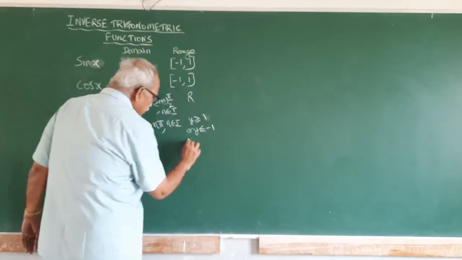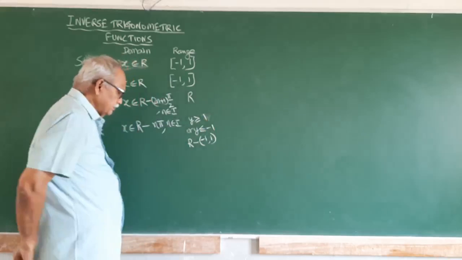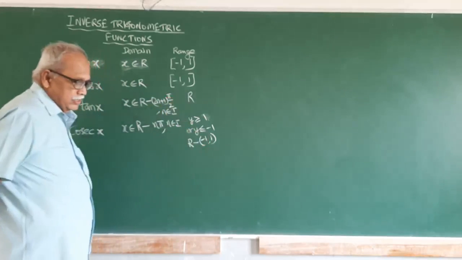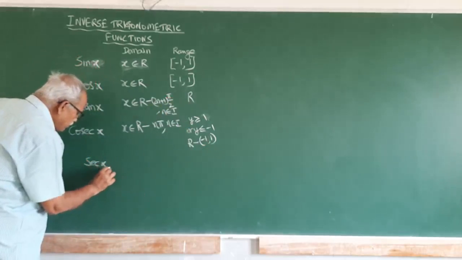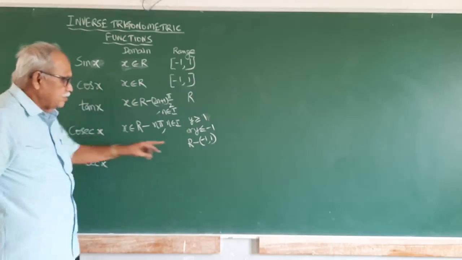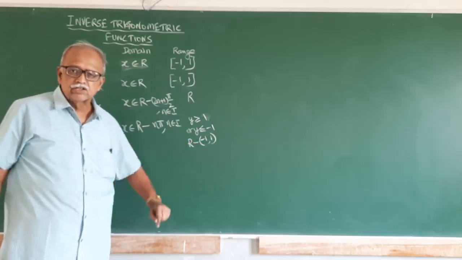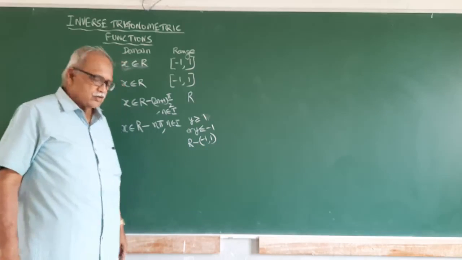So this also can be written as R minus (minus 1, 1). That is, it will be any real number, but the numbers between minus 1 and 1 are excluded from the real numbers. So that is the range for cosecant x.